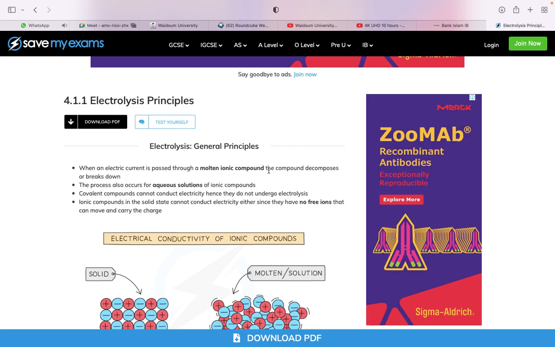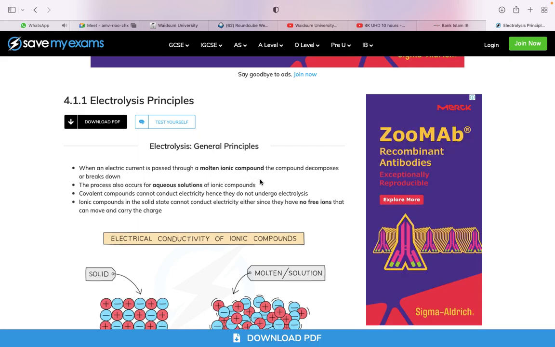Are you with me? Yes. Okay, so lead 2 bromide will be broken into lead ion, Pb 2 plus, and bromine ion, Br minus. So it will be broken into lead ion and bromine ion. Lead ion is the positive ion, and the bromine ion is the negative ion.